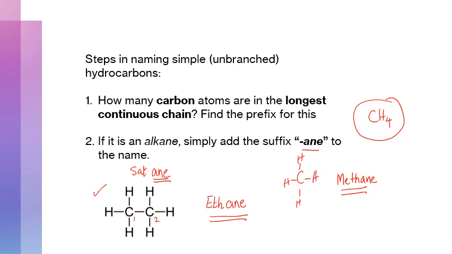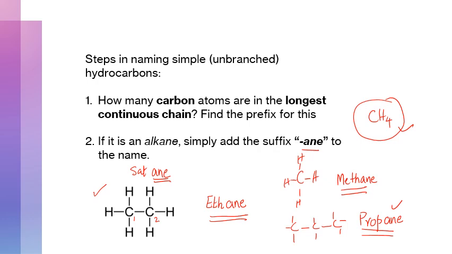Then if I have 3 carbons, with all hydrogens attached, I don't have any double bonds. I have 3 carbon atoms, so I use prop as the prefix. Since it is saturated, I add ane to the end. So propane gas. You are familiar with propane and methane for sure, right?